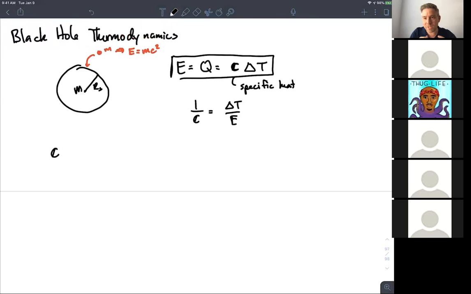In other words, if we get an expression for the temperature in terms of the energy, we can take a derivative of that, like so, in order to tell us what the specific heat is. This is how we are going to calculate the specific heat of a black hole.